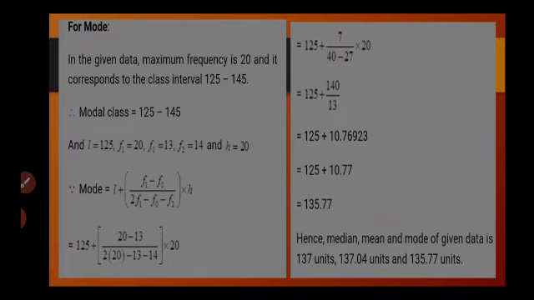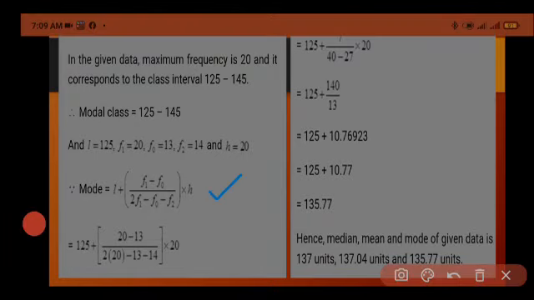The frequency of the class preceding the modal class is 13, and the class succeeding the modal class is 14, that is F2. Then H is there, H how much? 20. So for mode we will apply this formula and put in all the values.